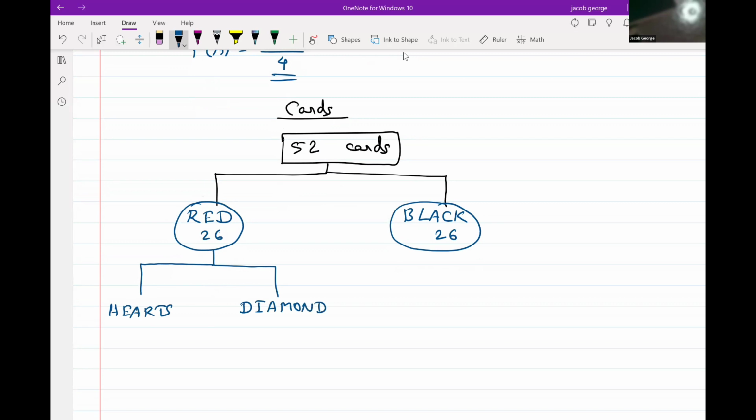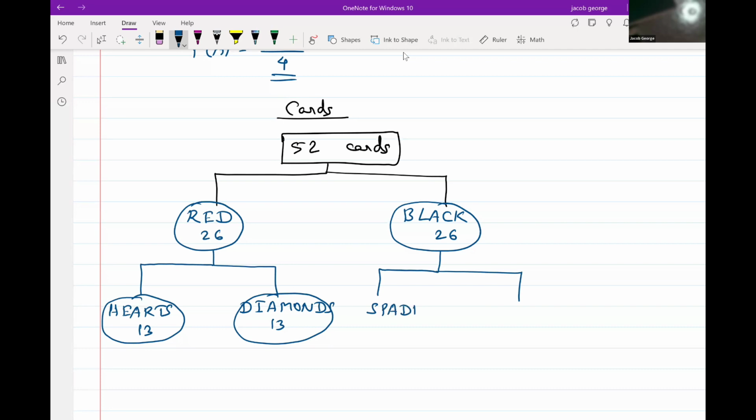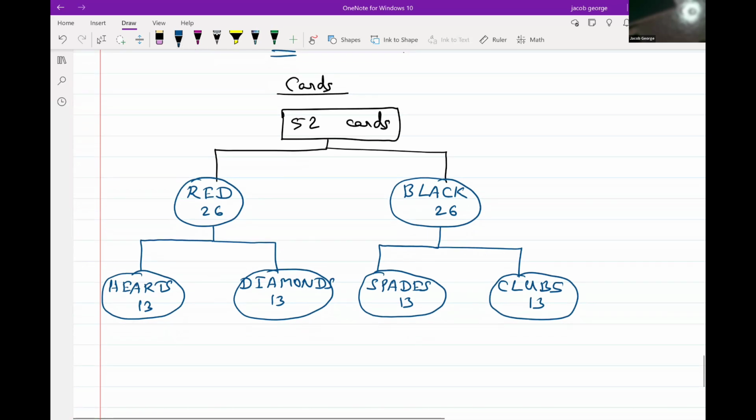And the black cards are spades and clubs, spades 13, clubs 13. Probability of getting a spade is 13 by 52. Probability of getting a club is also 13 by 52. Probability of getting a red card is 26 by 52. Like this, different questions you can easily write by learning this.